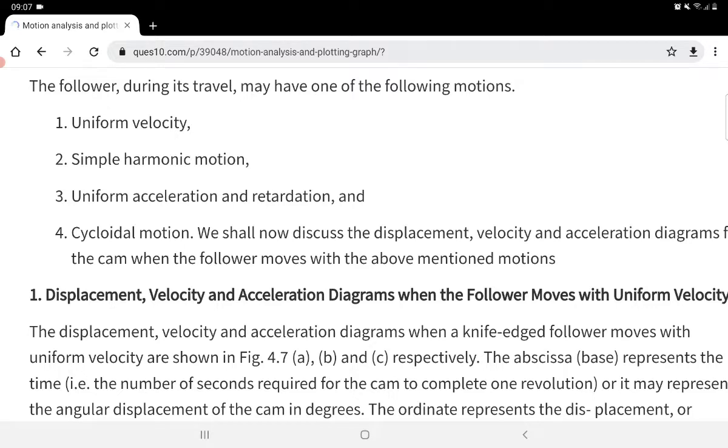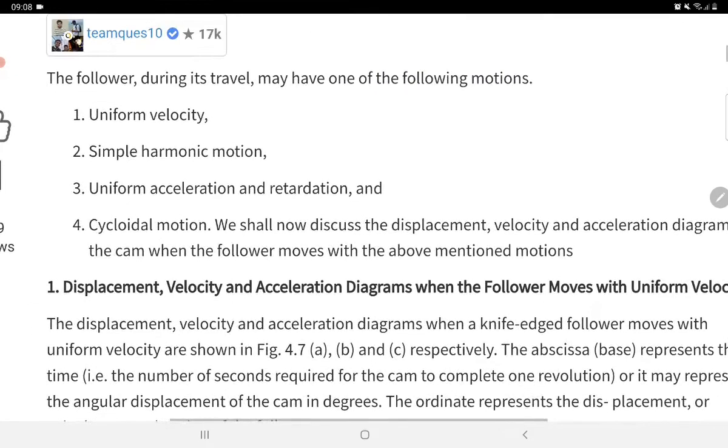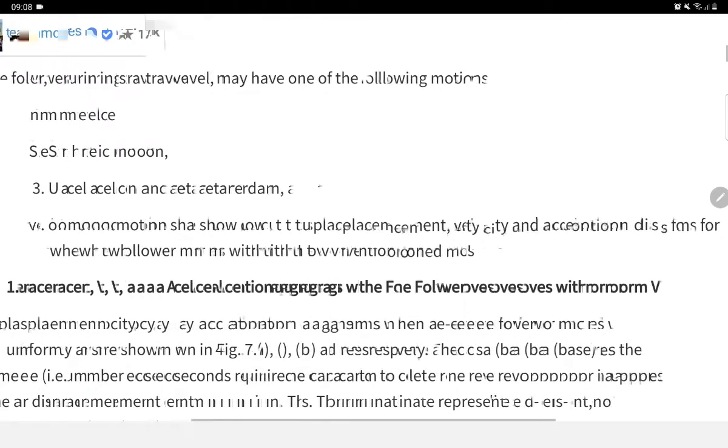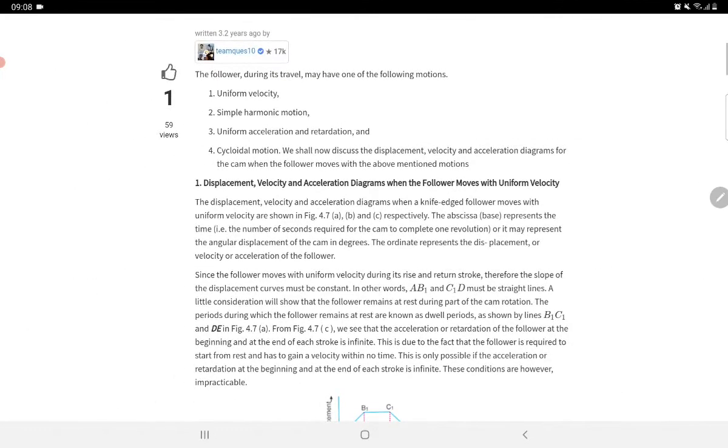The follower, in case of follower arrangement, travels up and down, and the follower motion takes place according to three important conditions. First condition is uniform velocity. This is the first condition.